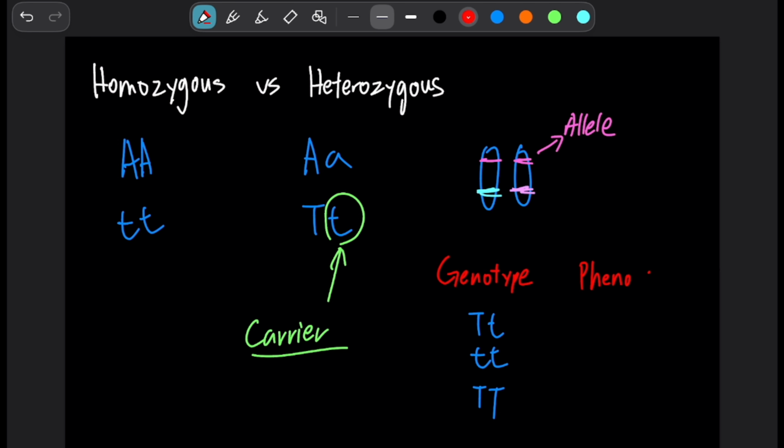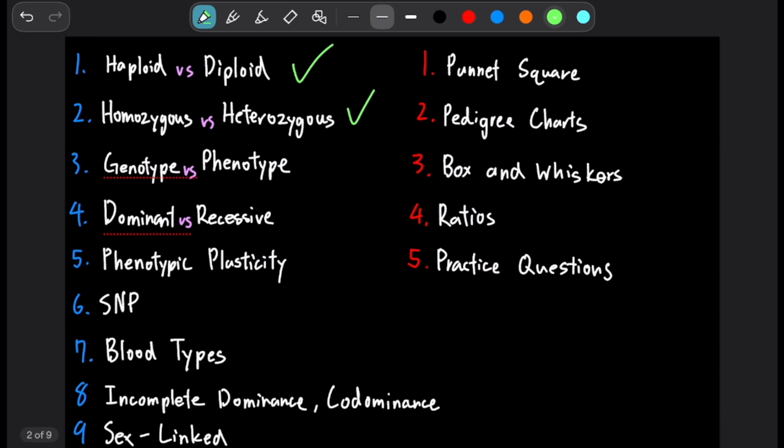So in a case that the big T is dominant, Tt will show the dominant trait, right? tt will show the recessive trait because there's no dominant. And because both of these are dominant, TT will show the dominant trait. So that's the difference between a genotype and a phenotype. So let's count 2 concepts in one.